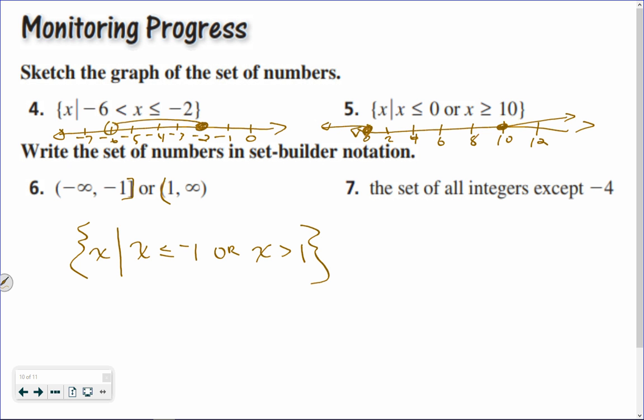Okay, set of all integers except number 4. So I include every number on the number line, right, except for -4. So what does that mean? I got a hole, don't I? Where's my hole at? -4, right? So set builder notation, X, then my line. X is less than -4, or X is greater than -4.